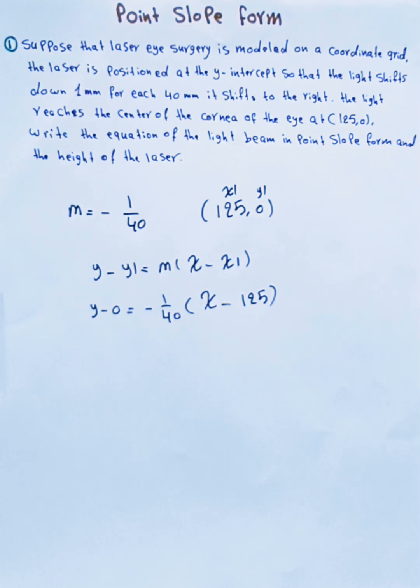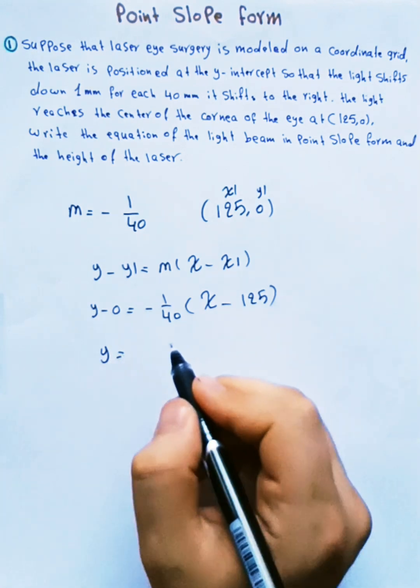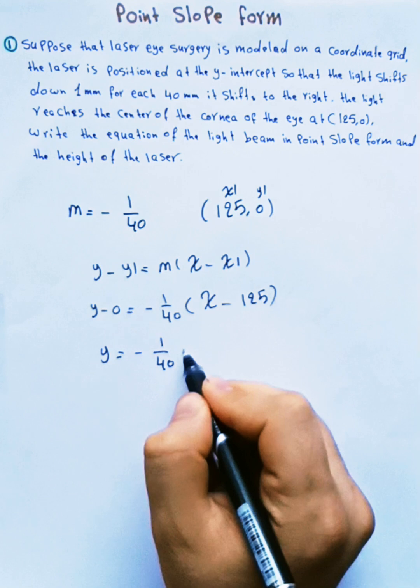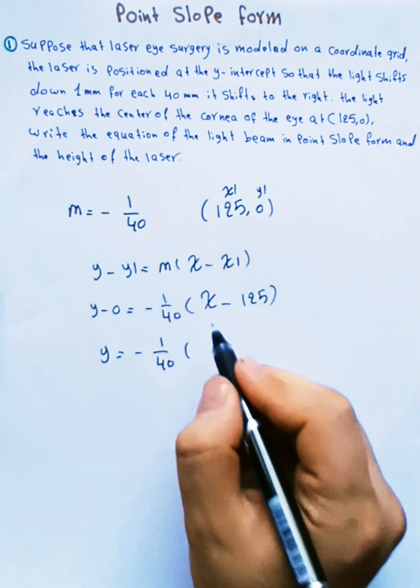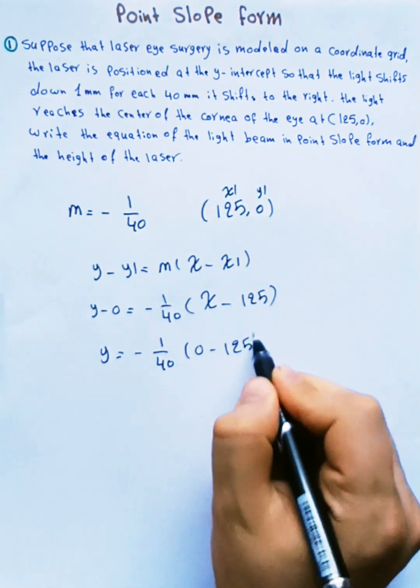So you have to substitute 0 for x to find the y-intercept. So you have to find the y-intercept, y equal to -1 over 40, and then you have to write 0 instead of this x, 0 minus 125.